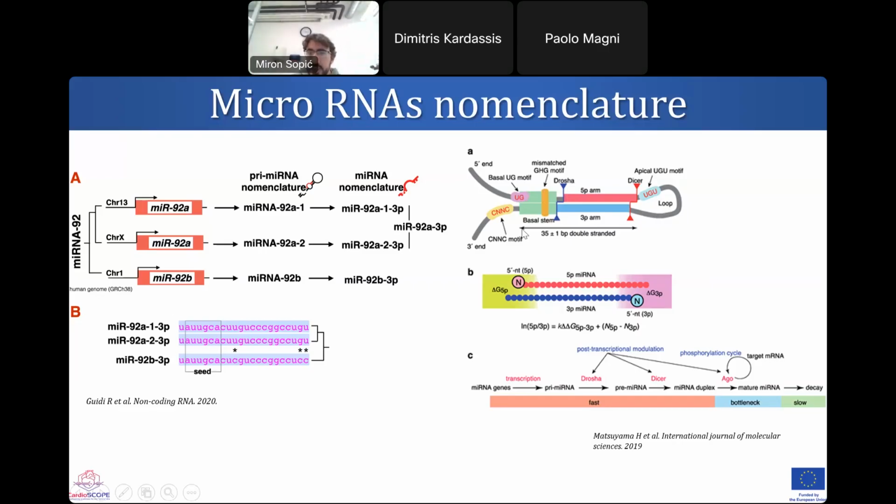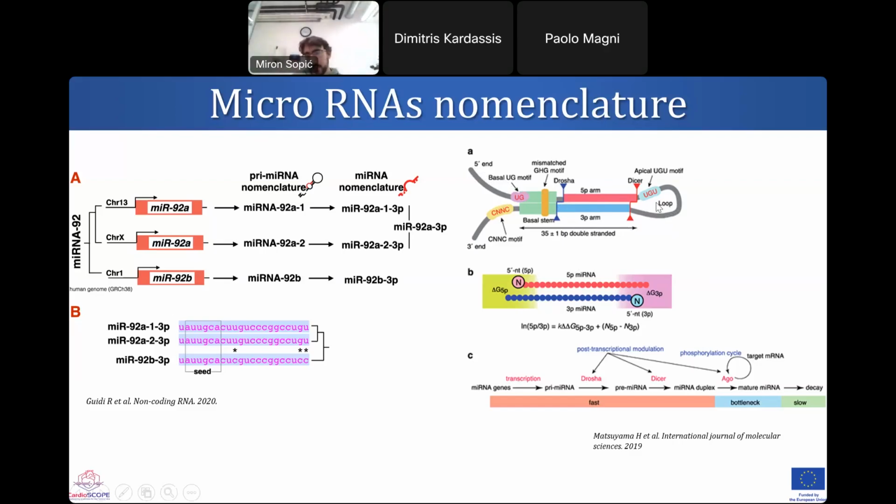And here you can see that Drosha is the one that will cleave this part in the nucleus, and then this part here is going to be what is left in the cytosol. And of course, this is called the 5-prime arm because it is on the 5' side before the loop, and this is the 3p arm because it is 3-prime and after the loop.